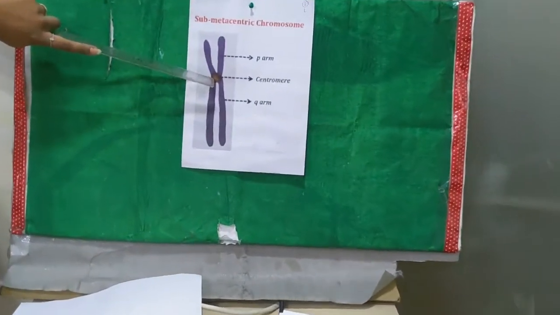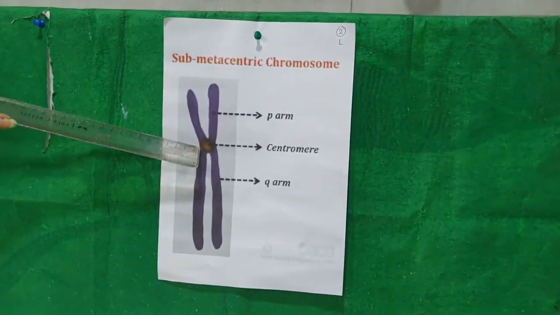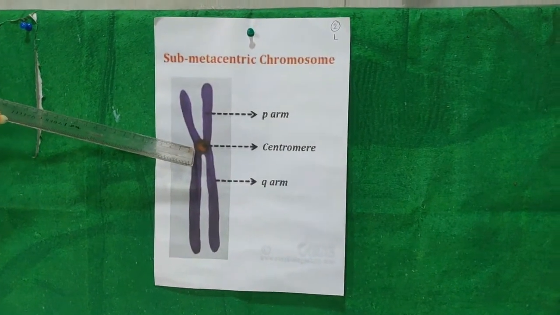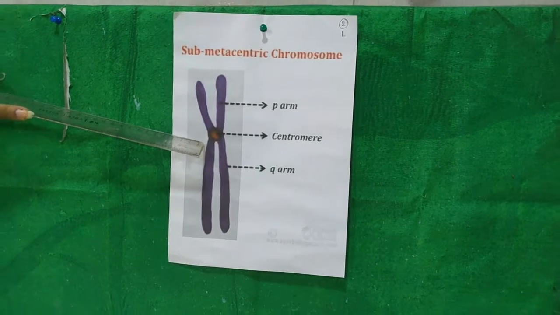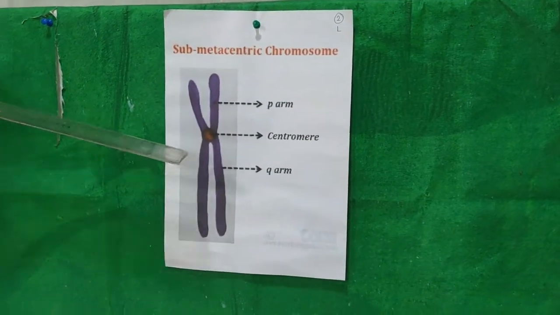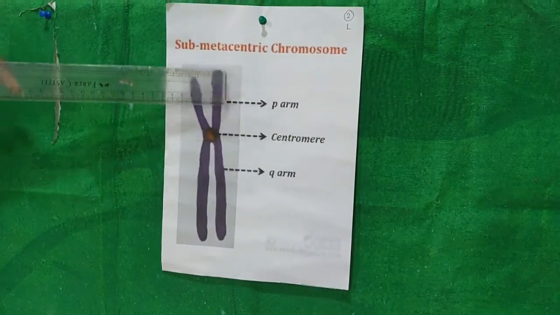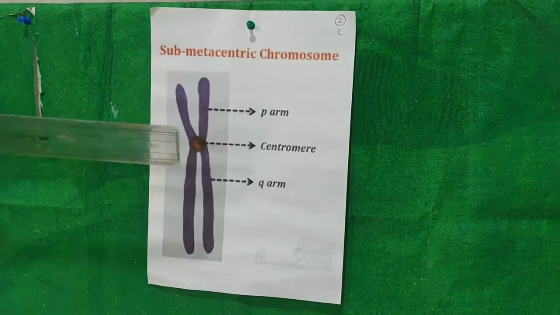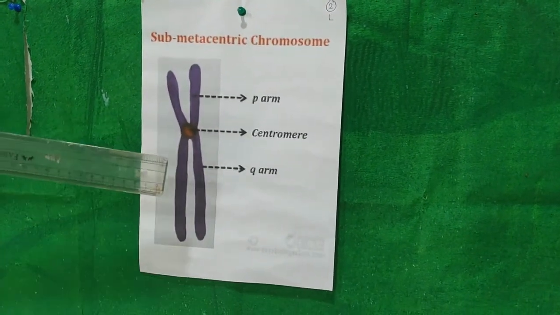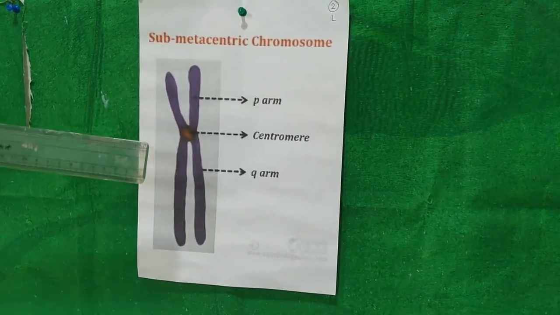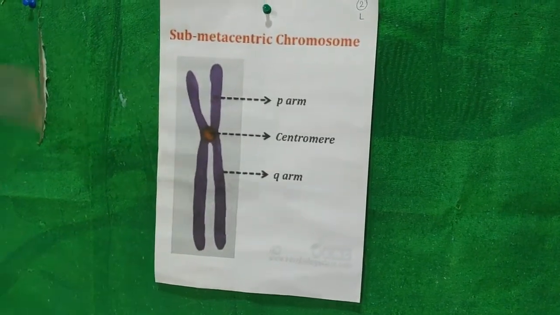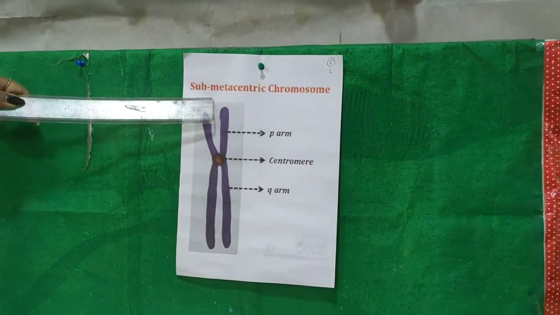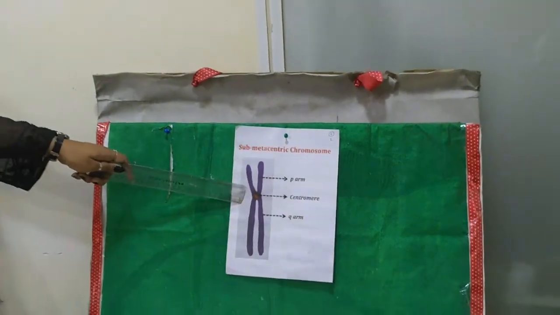What difference could you see? Can you see the centromere has moved a little from the center? Is it exactly at the center? No, right? So submetacentric chromosome means the centromere is near the midpoint, not exactly on the midpoint.